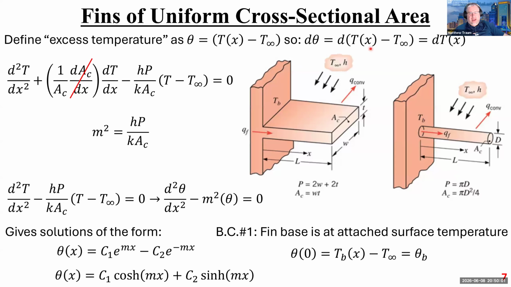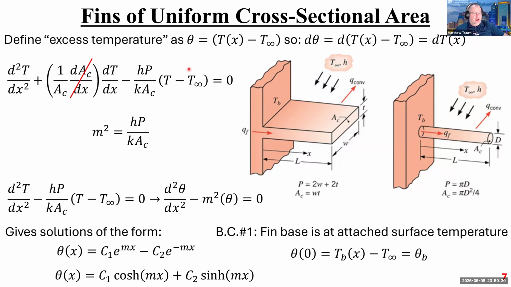This one is a function of X. This one is a constant. And so we just end up with the derivative of the temperature in the X direction, right? That's going to come in handy because we have a lot of derivatives in this equation. So d theta is essentially just dT.